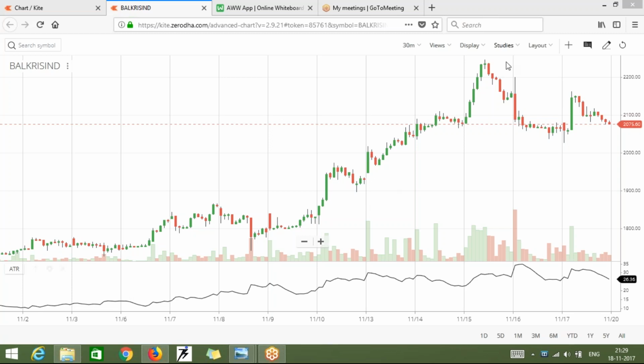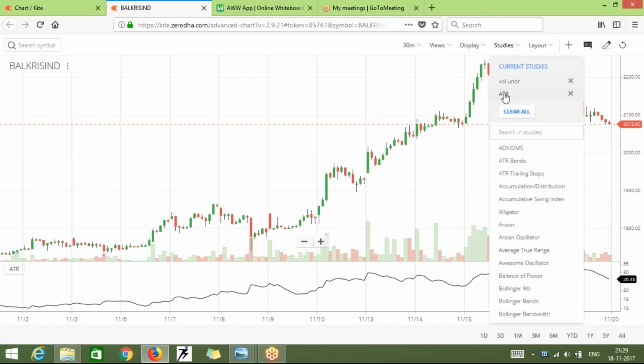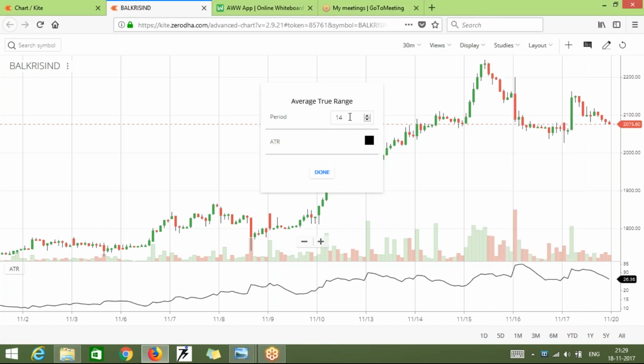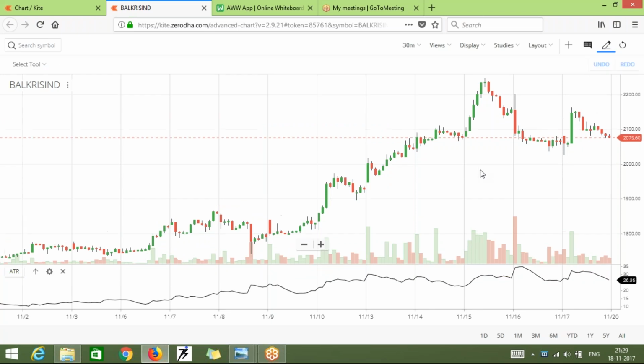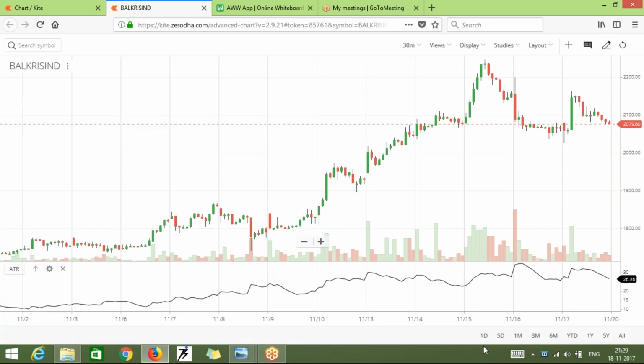Now I have already placed this one. You can go to any of your charting software, any of your trading terminals. In studies, you can find ATR. It's only a 14 period, that is the default, and it works nicely with 14 period also. So let me tell you what exactly ATR tells.